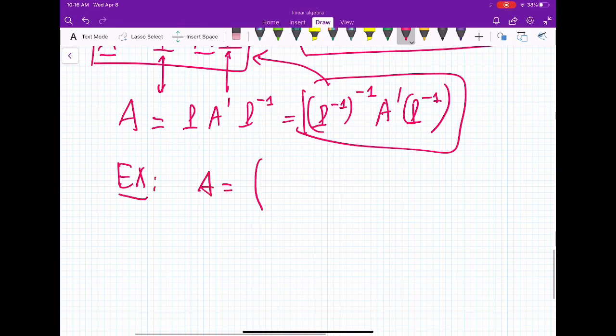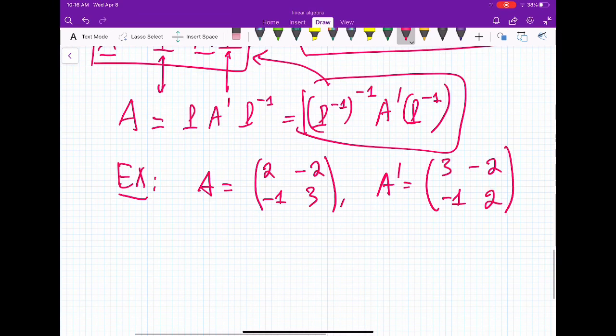All right, let's consider the following example. Let A equal 2, negative 2, negative 1, and 3. And A prime is equal to 3, negative 2, negative 1, and 2. They are similar. Why?